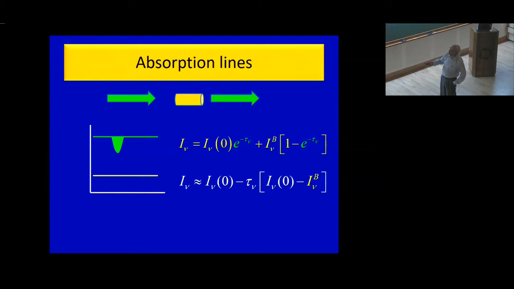If I expand this, 1 and 1 cancel, so I have only the tau_nu term. I'll have tau_nu into I_nu^B. Minus into minus is plus. So this second equation is the first equation expanded for small optical depth.